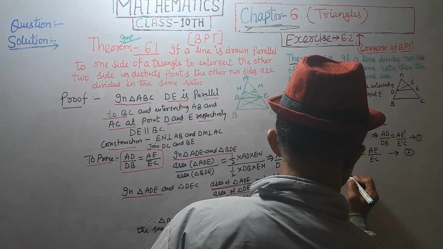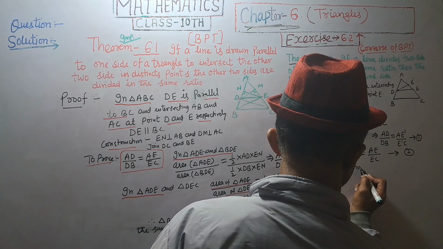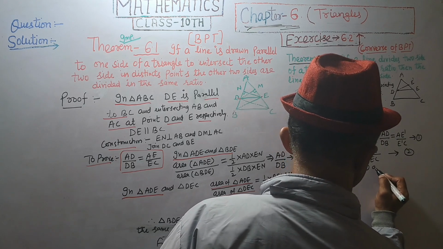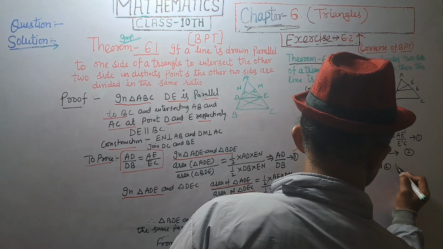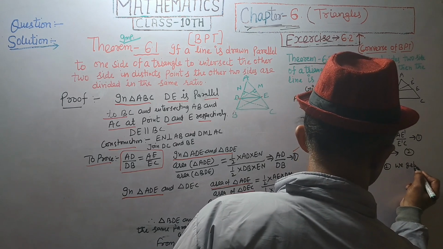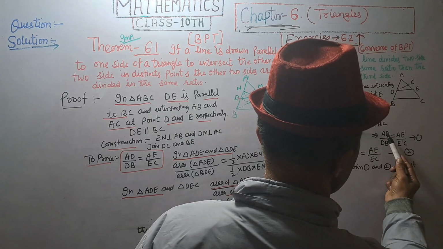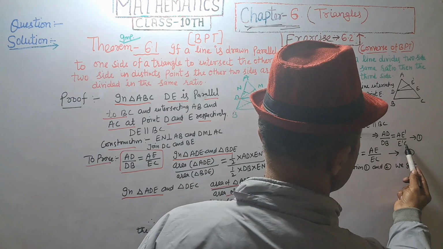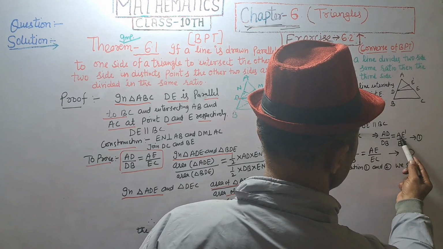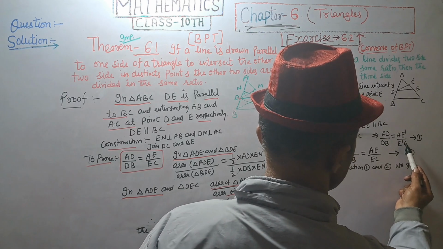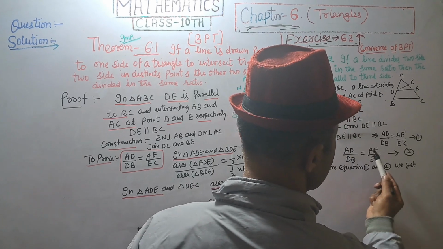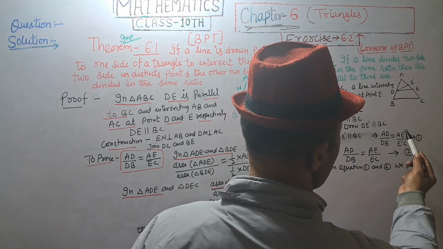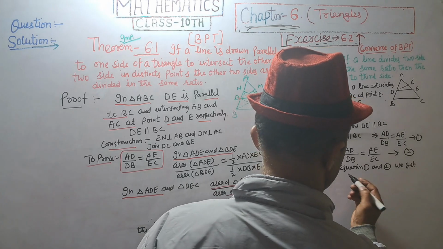From equation first and second, we get AD upon DB equal to AE dash upon E dash C, and AD upon DB is equal to AE upon EC. First equal to second.